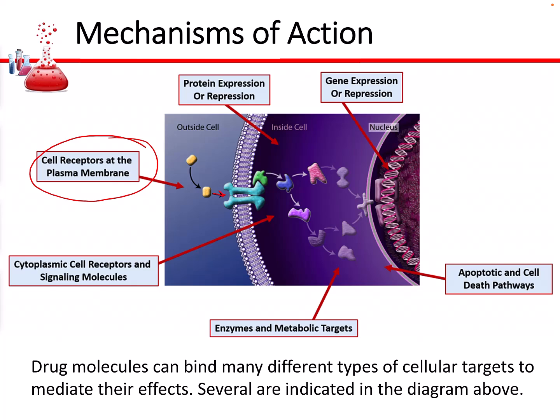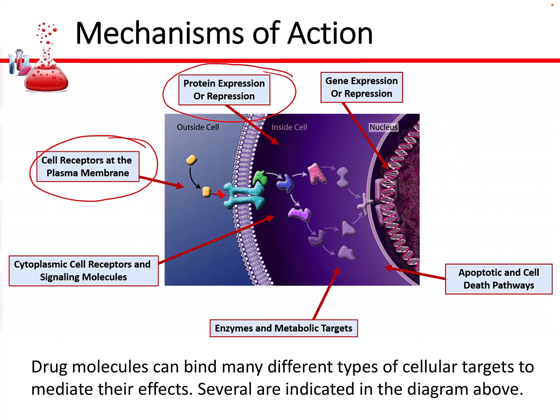So they could bind to cell receptors at the plasma membrane, right? So they could mimic a normal function and activate a receptor, or they could block the activity of a receptor by binding to it. They could cause increased protein expression, or they could repress protein expression as well once they get inside the cell. And this could be at the level of the protein.